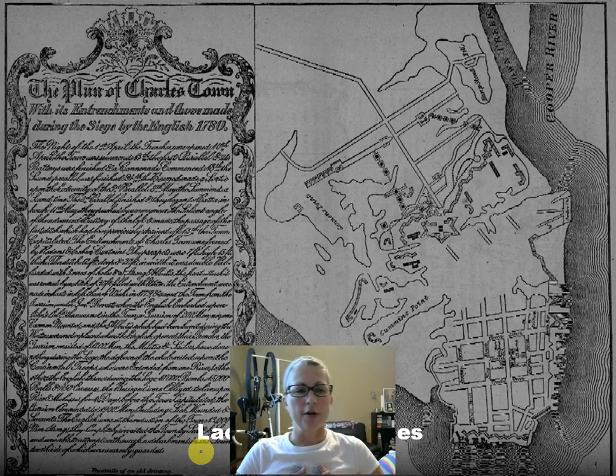And then remember too, we talked about how in the South you don't really have the development of major cities. Charleston will be the biggest of the cities in the South, a major port city with lots of trade going on. I think it was like the third or fourth largest city in the Americas during the colonial period. So it was a major, major city for the colonies as a whole, not just for its region.